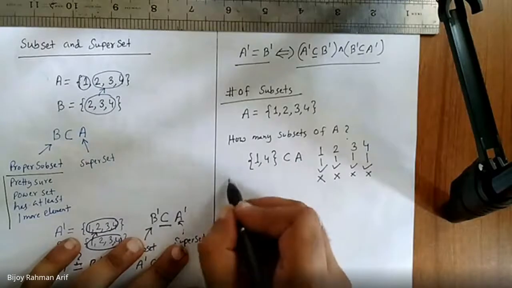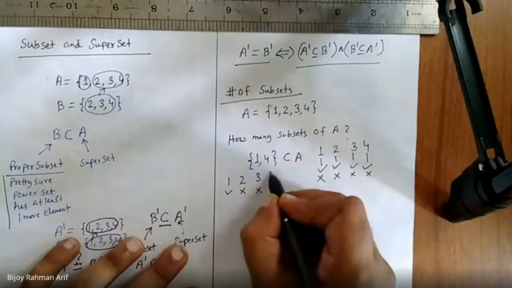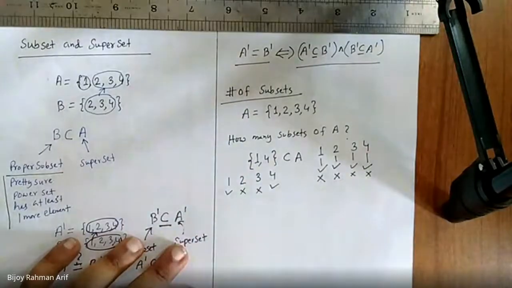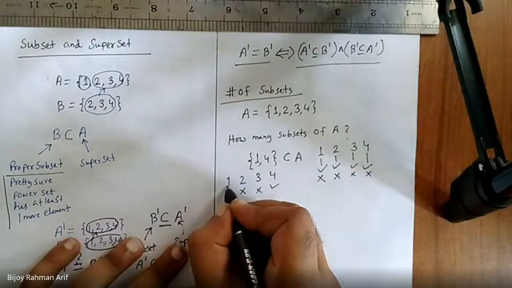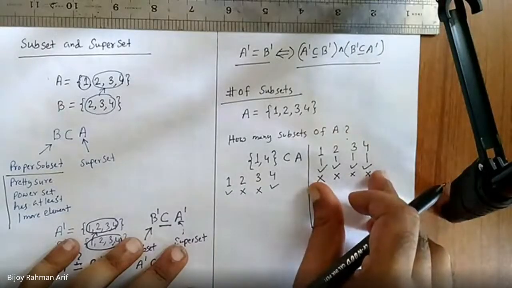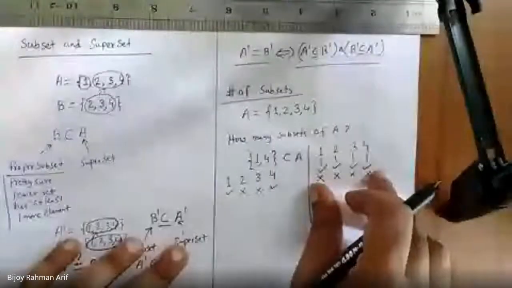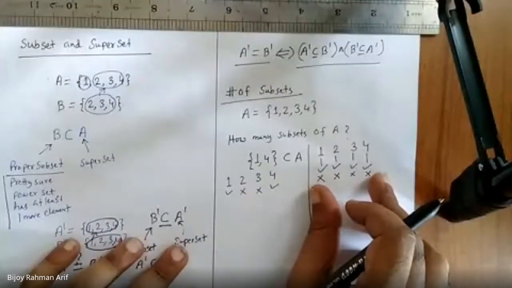For example, in {1, 4}, 1 is present, 2 is not present, 3 is not present, 4 is present. So in this argument, all the numbers are possible for different combinations. We can get the total number of subsets. Do you agree with me or not?